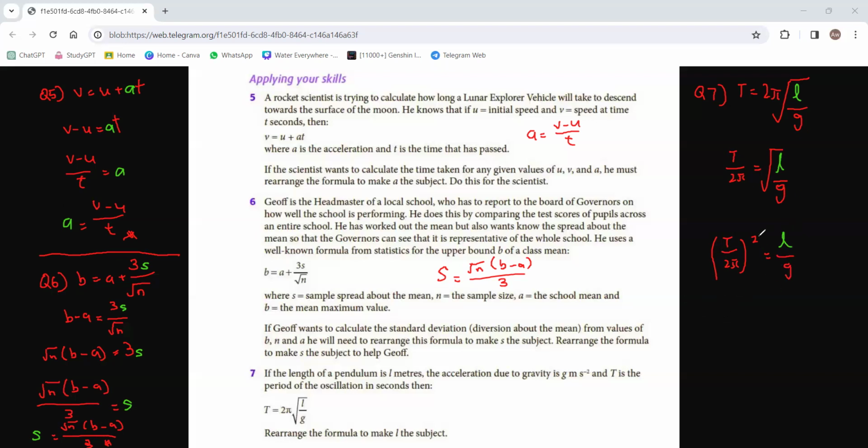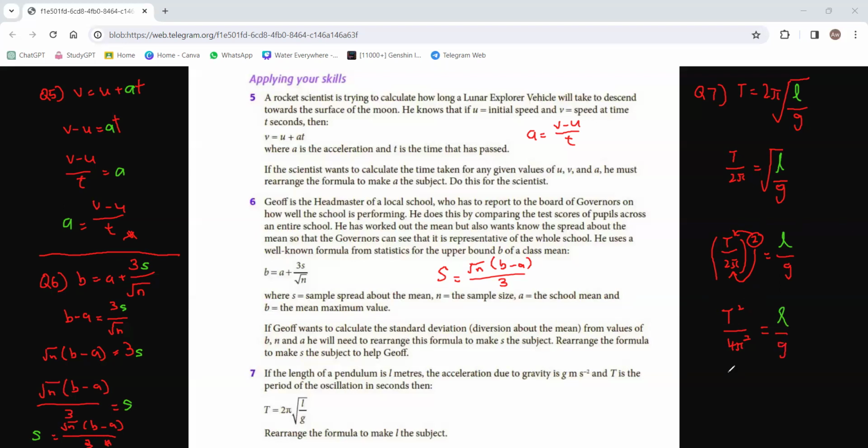Now, the second step is, because we know here this is square, so we'll apply the square to t and to 2 pi. So we will get t square over 4 pi square, because 2 square is 4 and pi square. And this equals L over g.